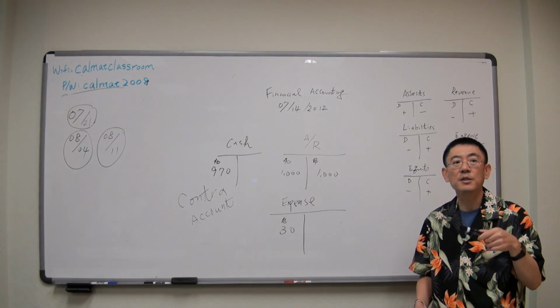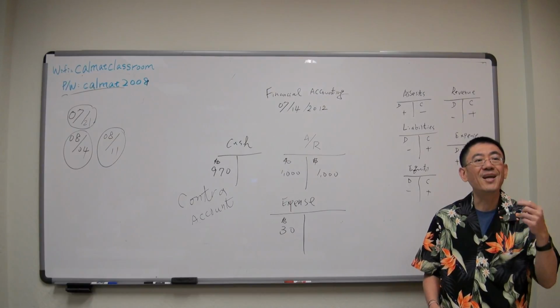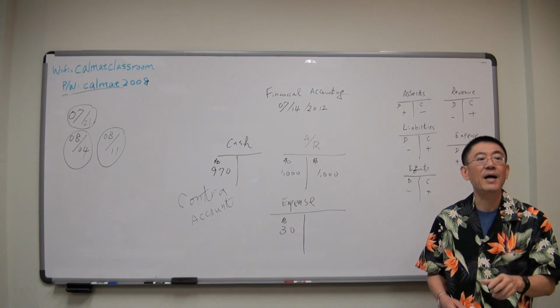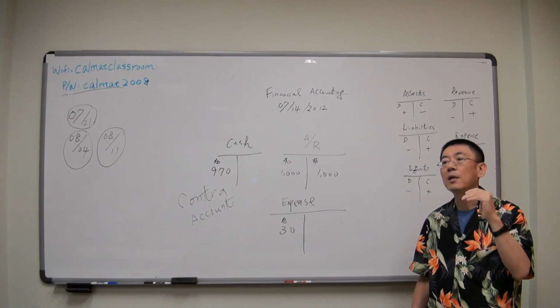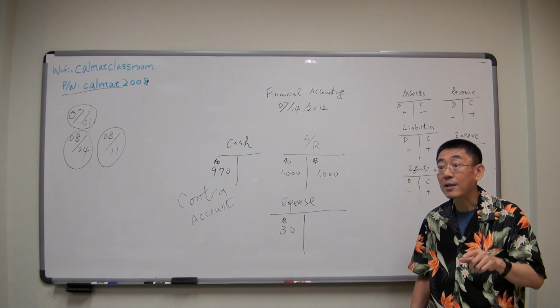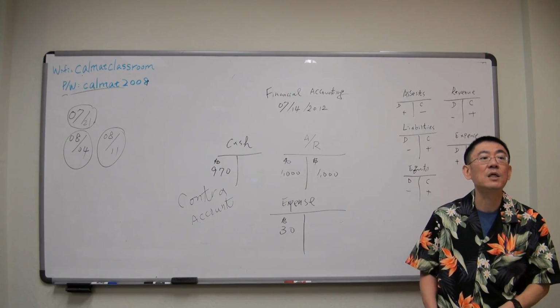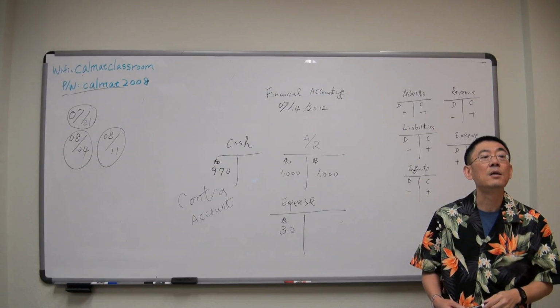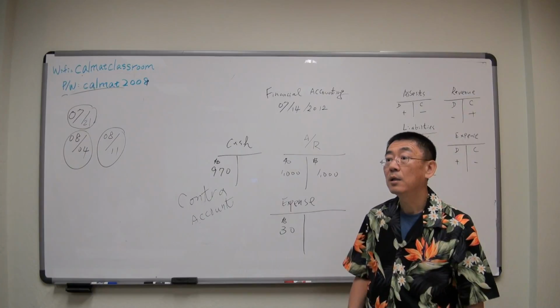This $30 is not really expenses. You treat it as your revenue reduced by $30. It really means when your company made this sale, the sale is not really $1,000. It's more like the customer only paid you $970. Understand? I believe everybody agrees, okay?